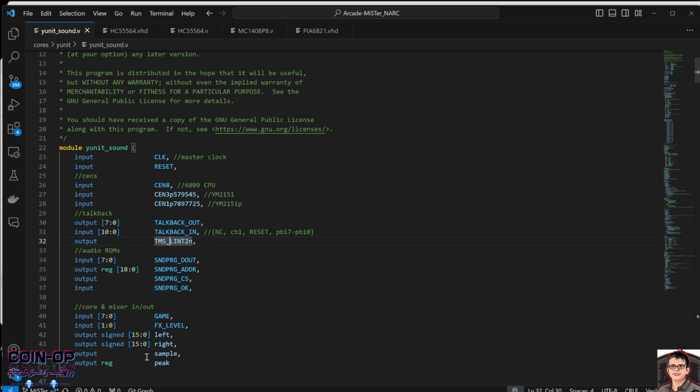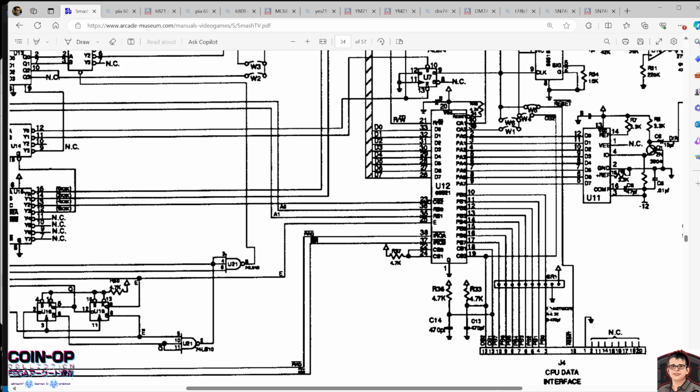So what's interesting is if you take a look at this schematic and you follow this pin all the way down, right? The one pin that doesn't seem like it's connected to anything, which doesn't do anything in this board. But what's interesting is it actually connects to a pin called sound in.